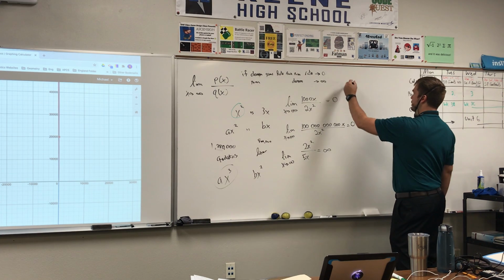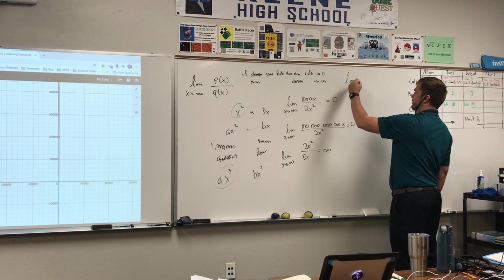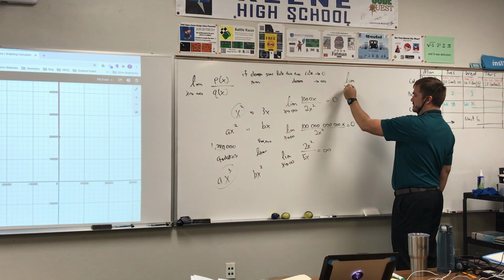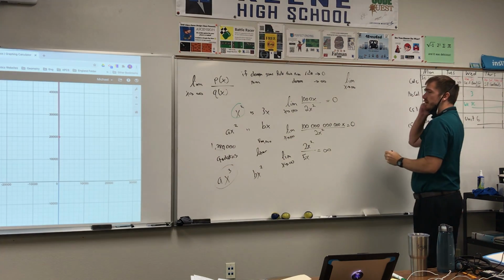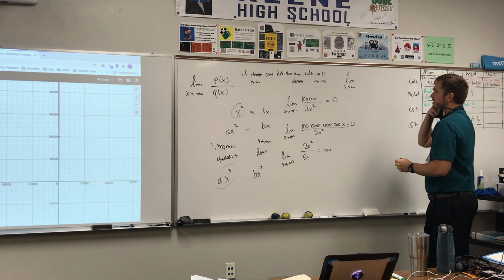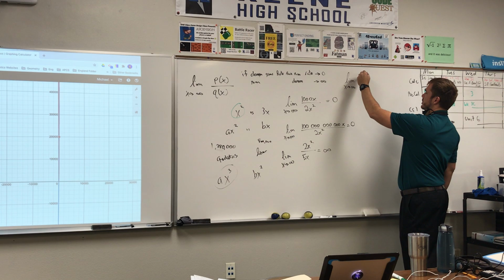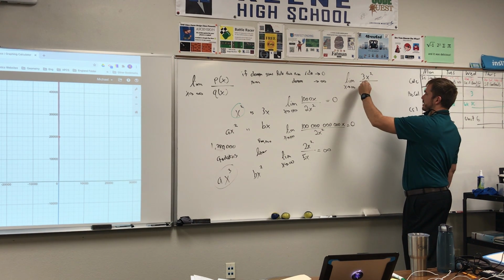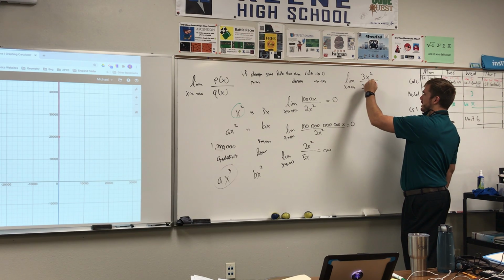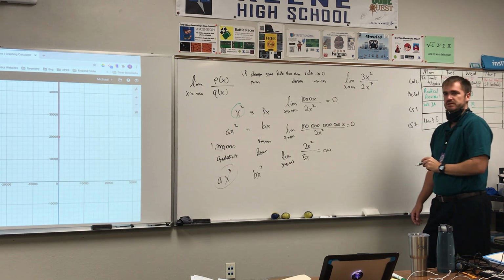So we could do something like the limit as x approaches infinity of 3x squared divided by 2x to the 7th.